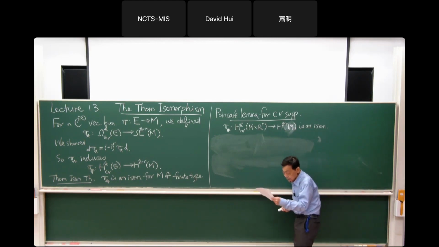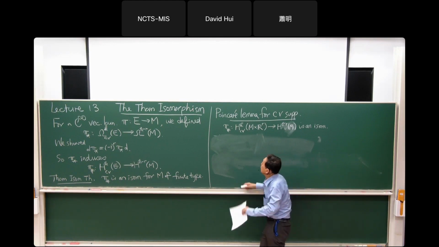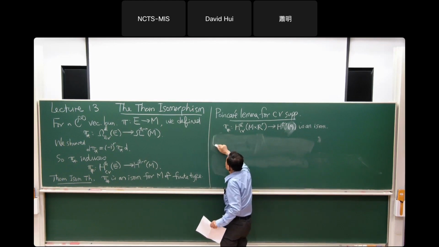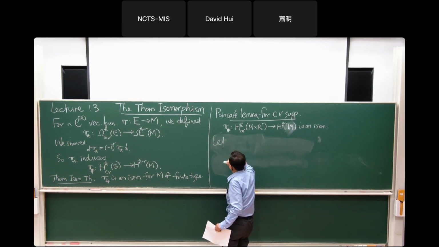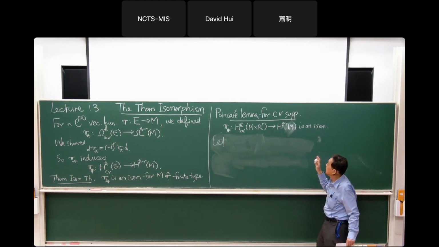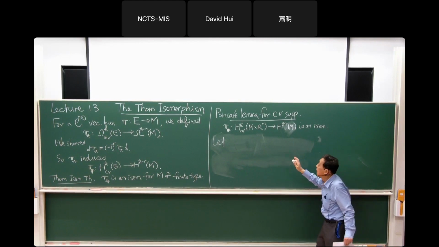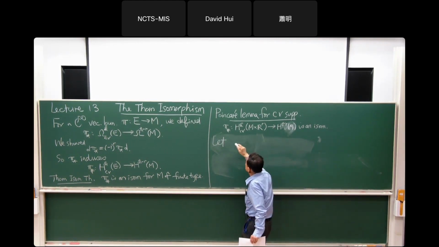All right, so yeah, I need to adapt my proof. Okay, yeah, I think I can adapt my proof. So we want to find a map that goes the other way.